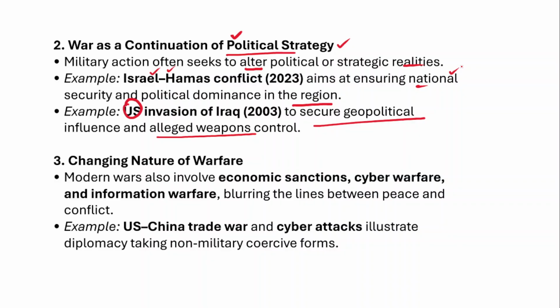However, war has been evolving over a period of time, which has led to the changing nature of warfare. The nature of warfare has been changing because modern wars involve economic sanctions, cyber warfare, and information warfare, so they blur the lines between peace and conflict. For example, the US-China trade war and cyber attacks.